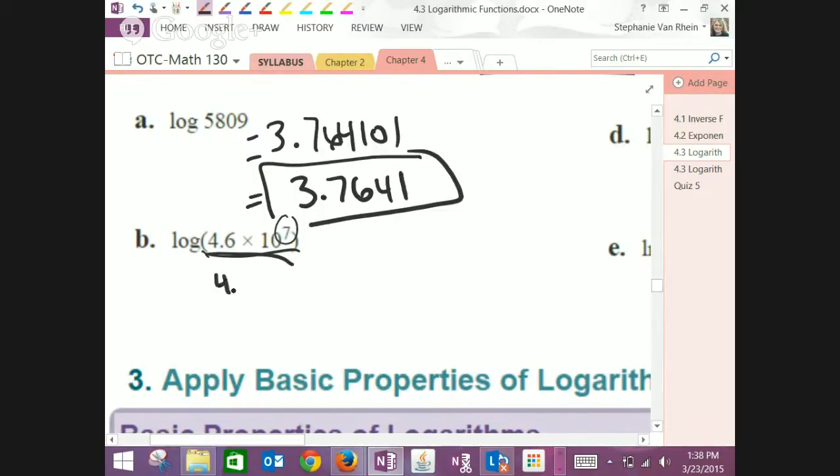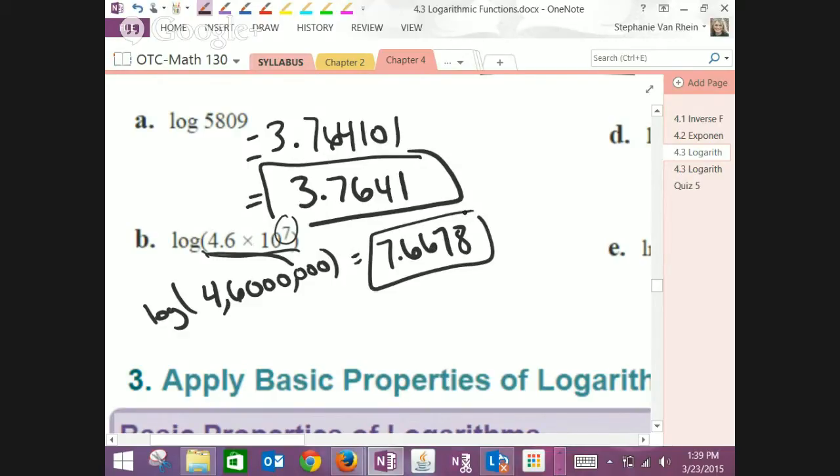So this would be 4.6 times 10 to the 7th, which would be, if I move the decimal 7 places, 1, 2, 3, 4, 5, 6. So that's 46,000,000. You can put it in scientific notation in your calculator, or you can expand it out. So if I take the log of this, I get 7.6627.